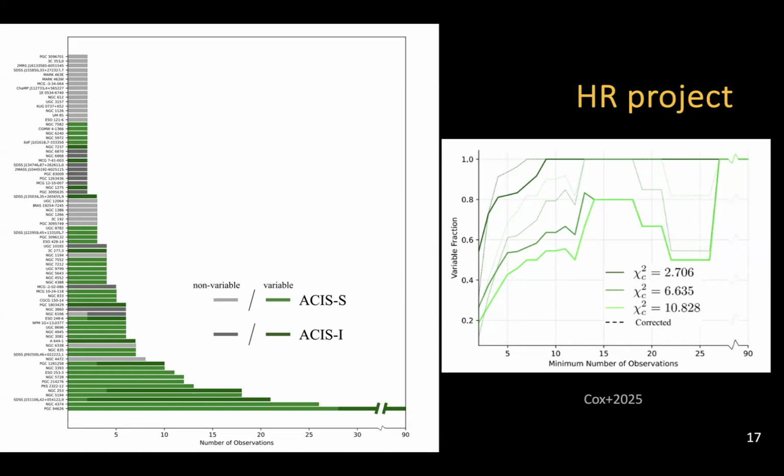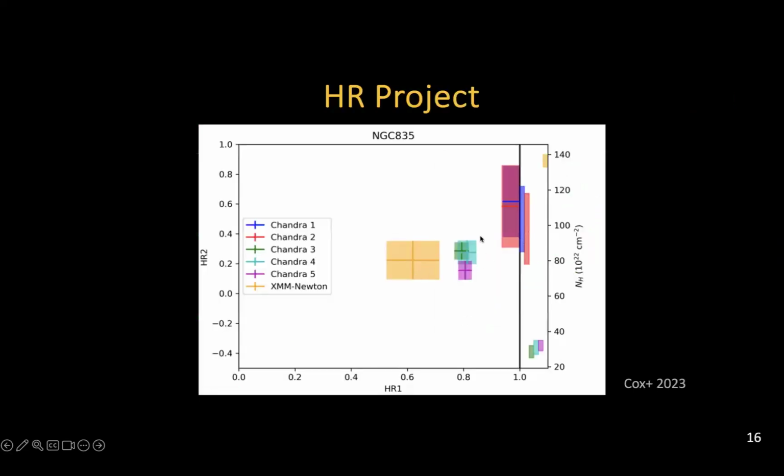That's what I'm showing here as well. So this is the variable fraction, so the number of sources that we find to be obscuration variable versus the number of observations, and this is a cumulative plot. You can see that there's three lines here, and this just depends on how strict we are when we consider the distance between this data point between errors, right? So you can impose that this distance should be higher or lower at different confidence thresholds.